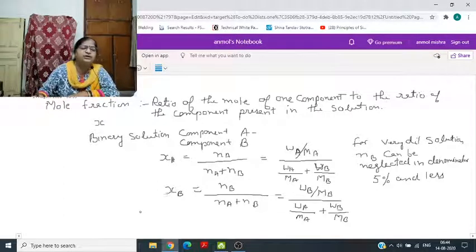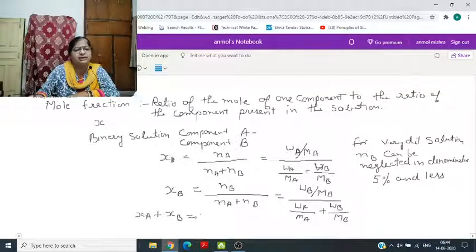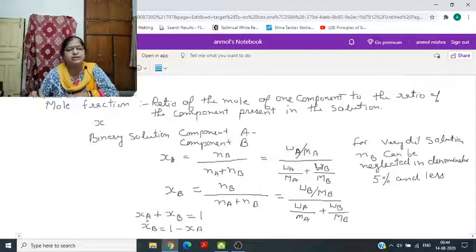Now if you calculate the mole fraction of one of the components, we can find the mole fraction of the other component by subtracting from 1, because XA plus XB is equal to 1. So XB will be equal to 1 minus XA. Now I have explained this for a binary solution.